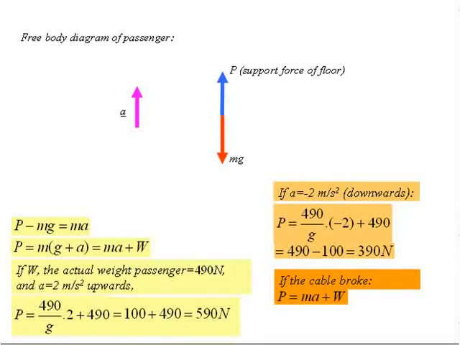And we get that P is equal to ma plus w, which is equal to w over g times minus g plus w, which, cancelling the g's, just gives us 0. So our passenger and the floor would not exert any forces on one another, and therefore the passenger's apparent weight would be 0. In other words, we have apparent weightlessness.